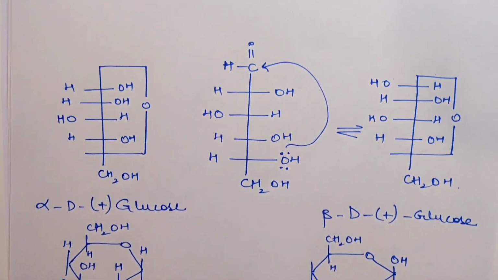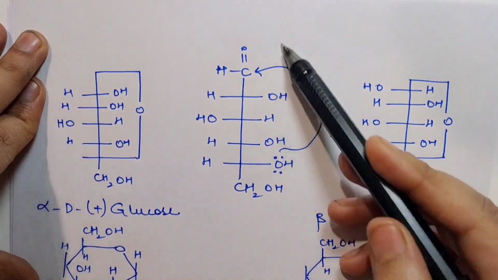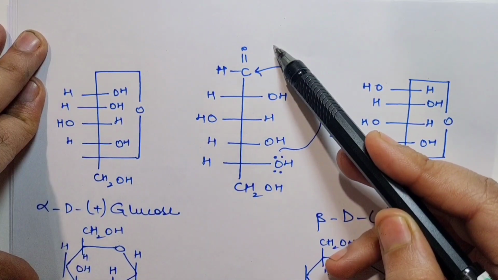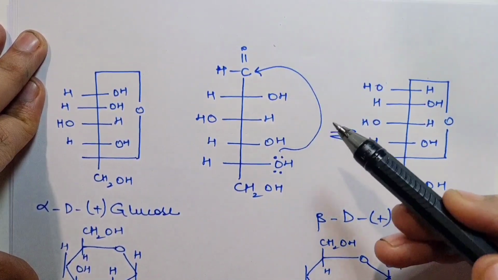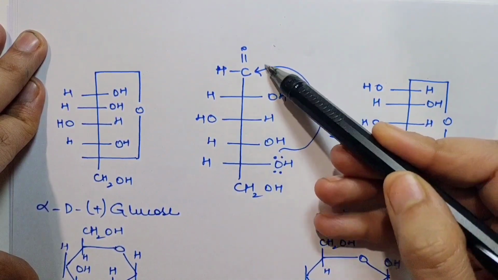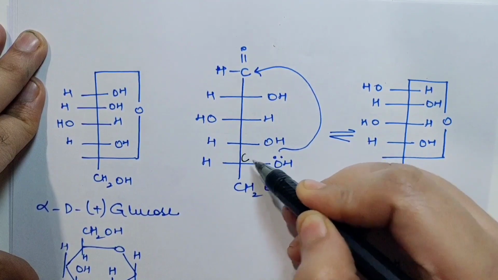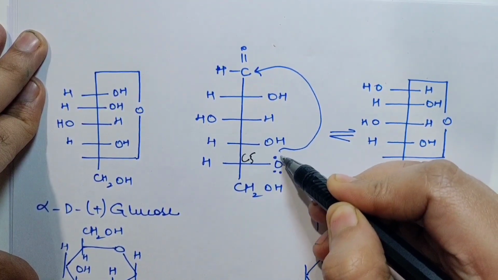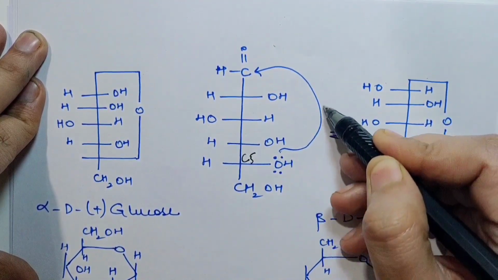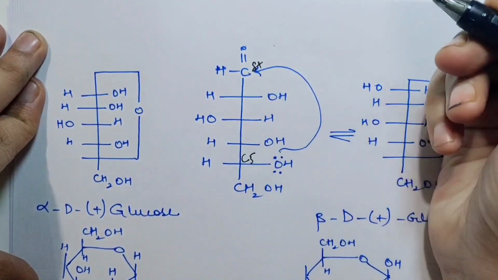Next. Now, what is the cyclic form and how does it form? This is your typical open chain structure of glucose. It bends, and then the oxygen on C5, which has lone pairs, attacks the carbonyl carbon, being partially positive.